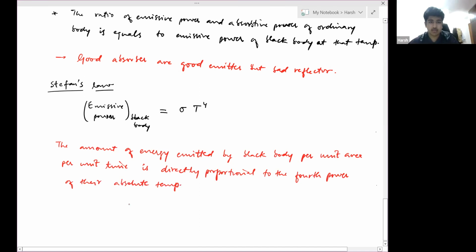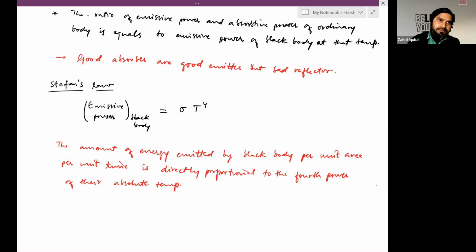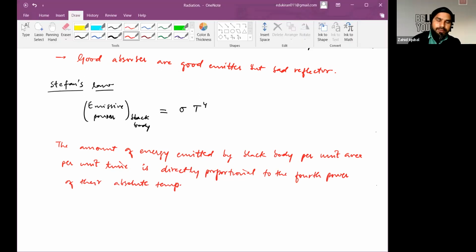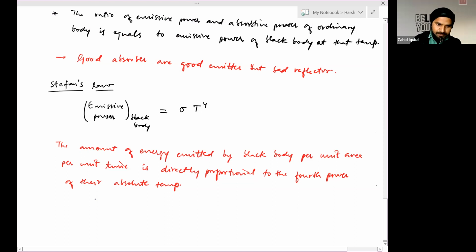It means emissive power, which is also called intensity, which is also power upon area.